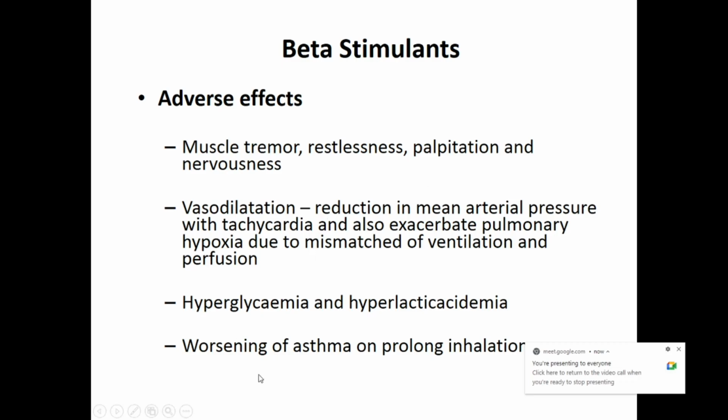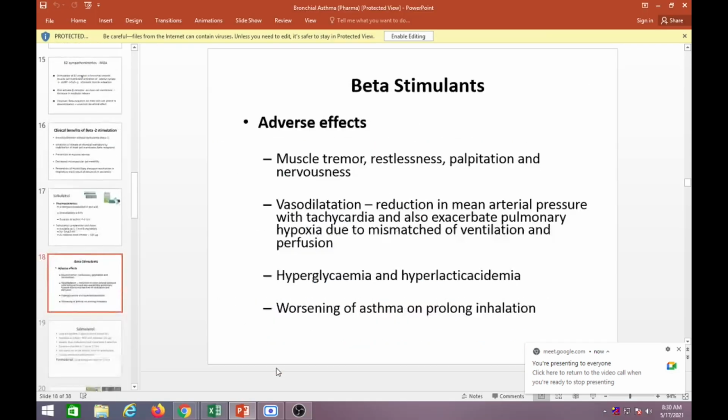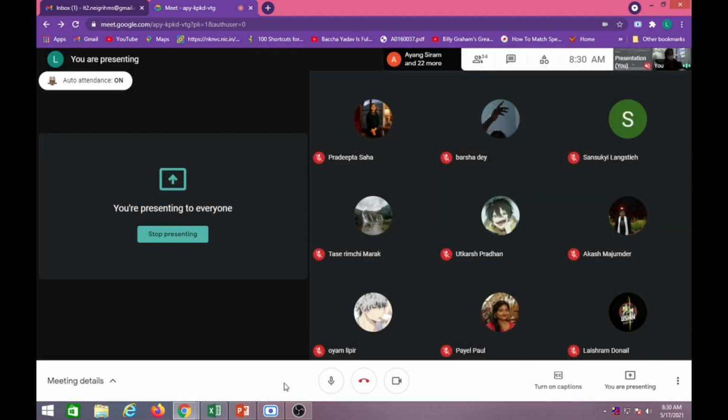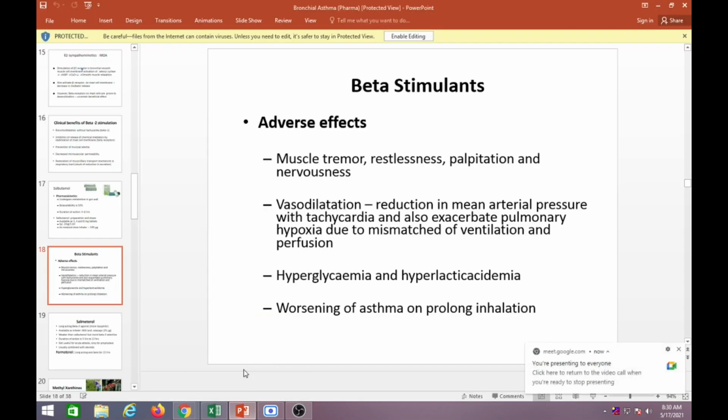Adverse effects are like this. Because they also work on skeletal muscles, the number one adverse effect is muscle tremor. A person taking Asthalin syrup, containing salbutamol, will always complain of muscle tremor.